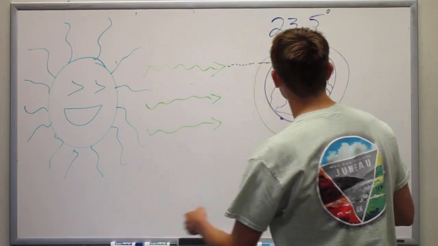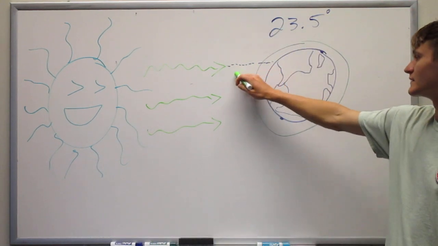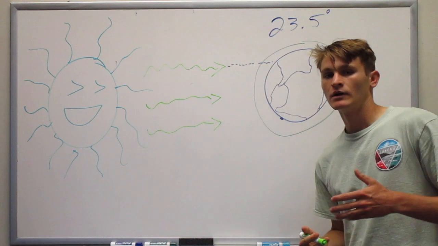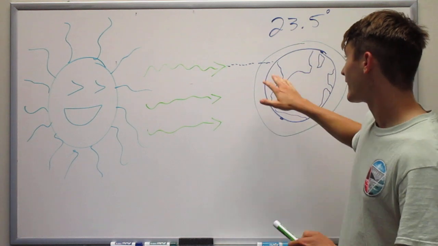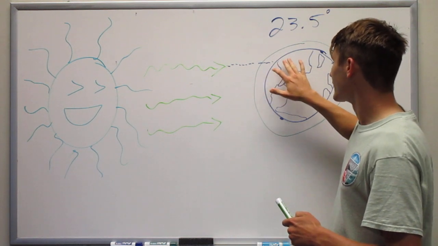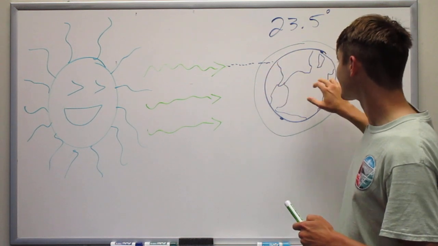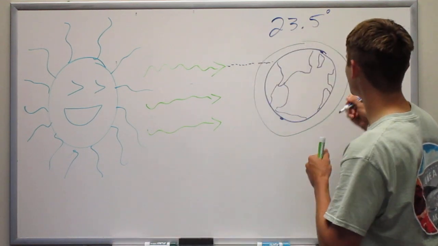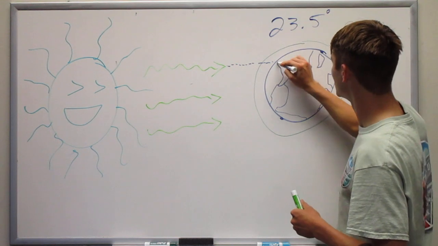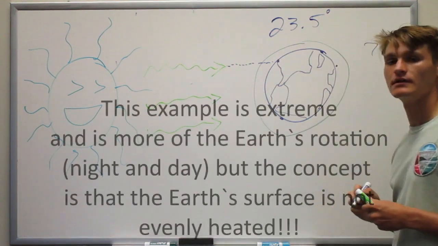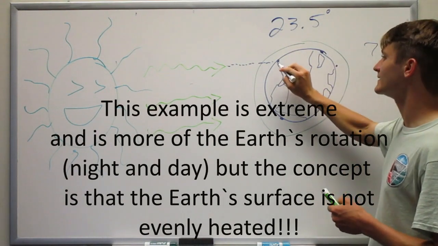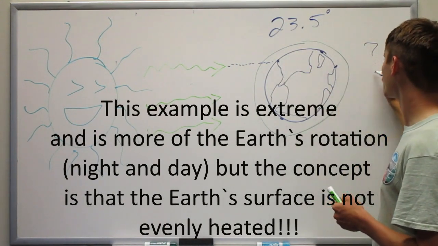So let's first say this is the solar radiation hitting our Earth. Would you agree that the heat hitting here is not the same as the heat hitting at this spot over here on the opposite side? So yes, you should agree that the heat hitting at this angle is not the same that's hitting over here.